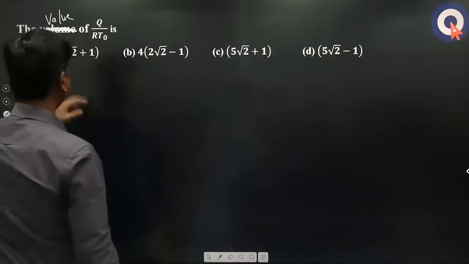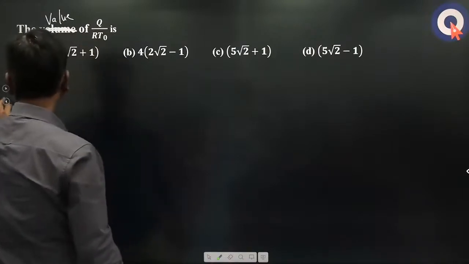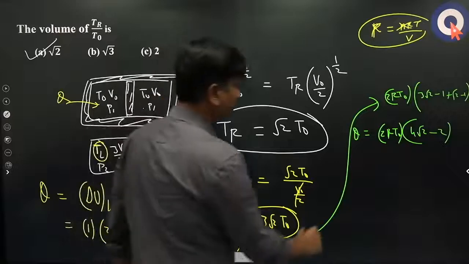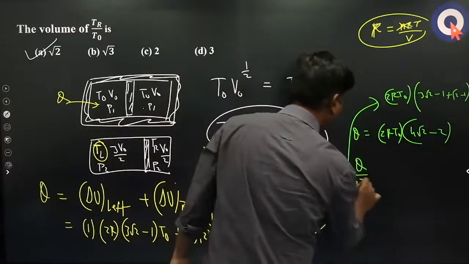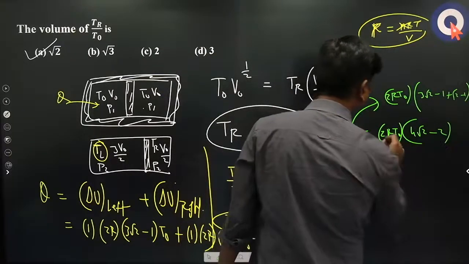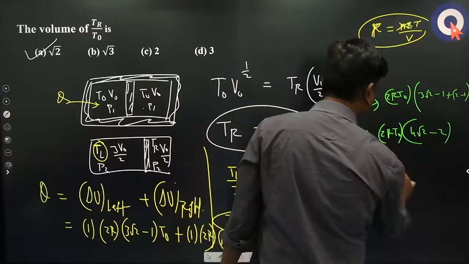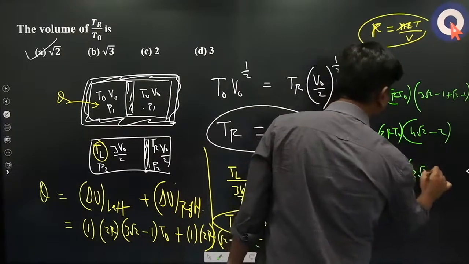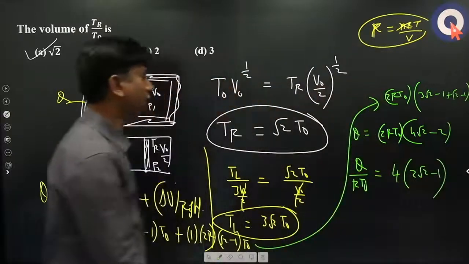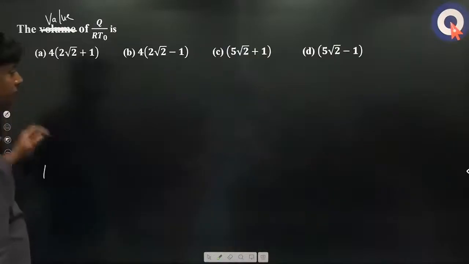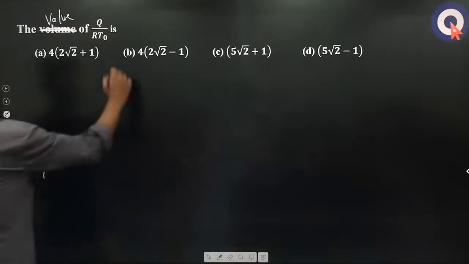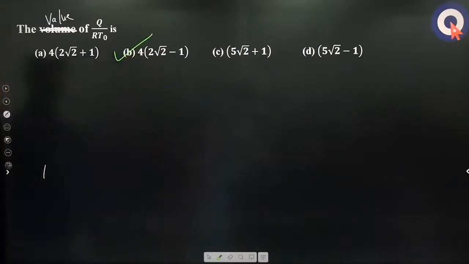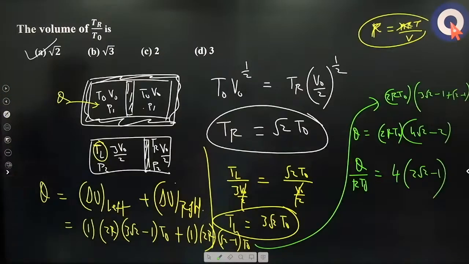This is the question I am solving. So Q by R T naught is equal to, 2 and 2 common, if you take 4 into 2 root 2 minus 1, 4 times 2 root 2 minus 1. That is option B. Like that, you will be getting this.